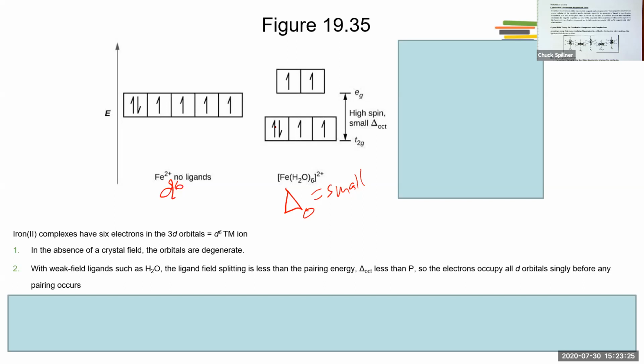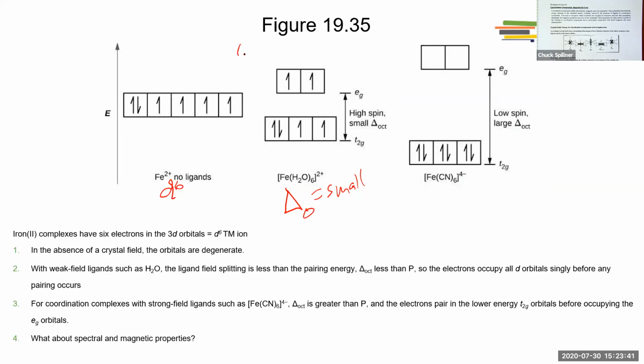But there's another case, and there's kind of a continuum, but we're just going to look at a simple case. There's another case where you get wide splitting, and that's called strong field. So this is a weak field split, and this one would be called a strong field split.